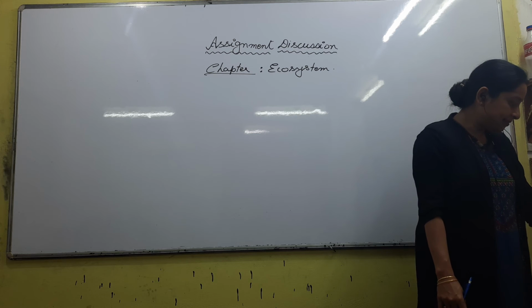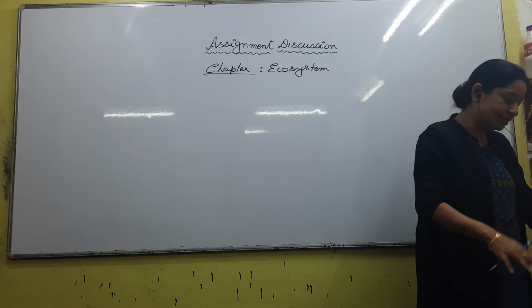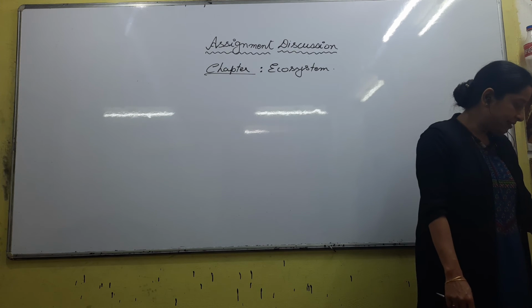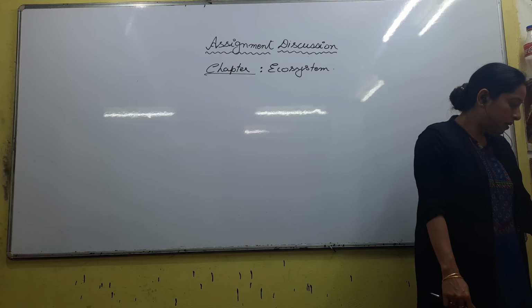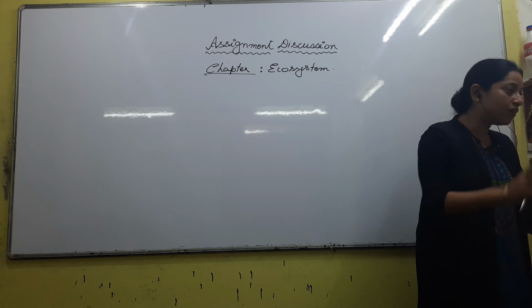Question number 6: secondary productivity is related with what? Producer and consumer. Question number 7: it is C because we have the word decomposition there.